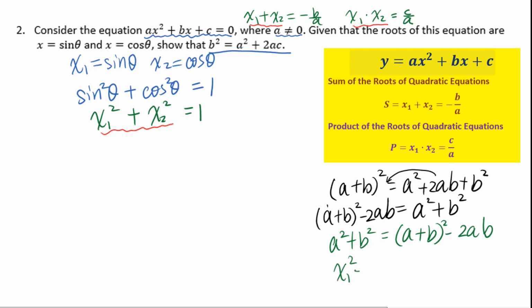Therefore, x1 squared plus x2 squared equals x1 plus x2 squared minus 2x1 x2.